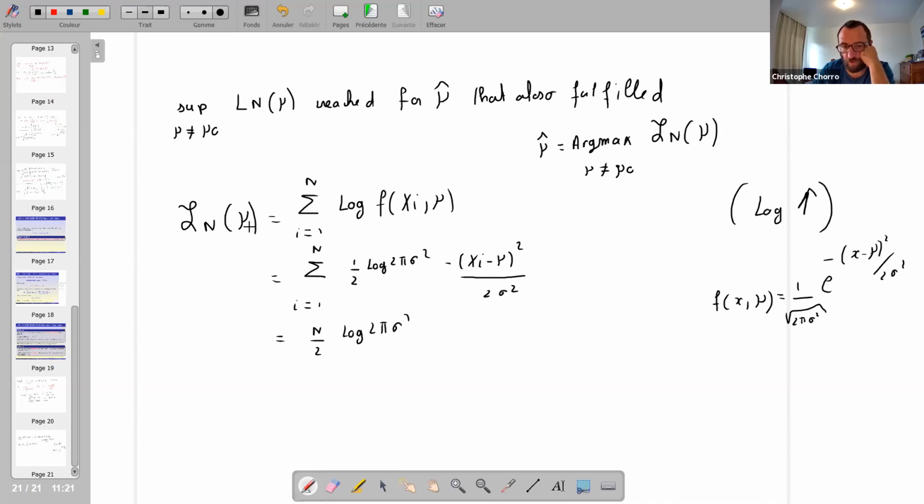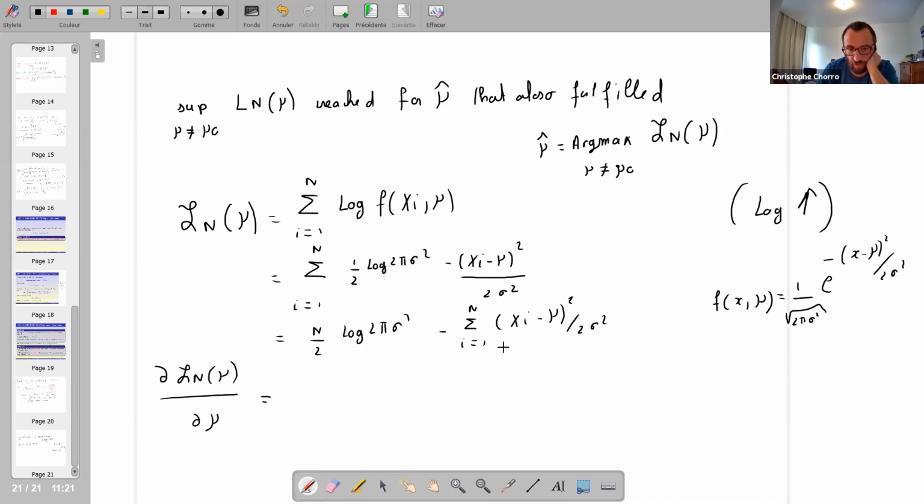And in fact, when I maximize in mu, I don't mind about this term that is a constant, and minus the sum from i equal to 1 to n of (xi minus mu)^2 over 2 sigma square. If I want to obtain the maximum likelihood estimator, I compute the derivative with respect to mu, because I want to maximize, and I obtain what?